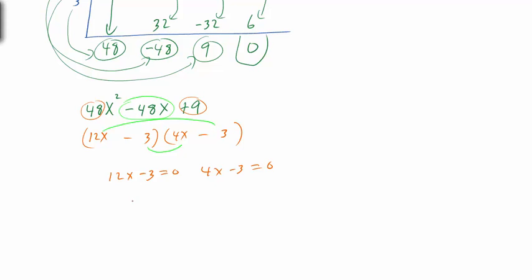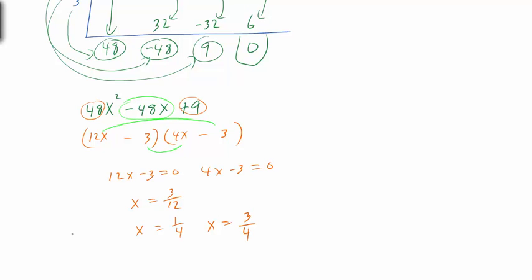And if we solve for x, we get x equals add 3, divide by 12. So x equals 3 into 3 is 1, 3 into 12 is 4. So we have 1/4. And then here, move the 3 over, and then divide by 4. So x equals 3/4.